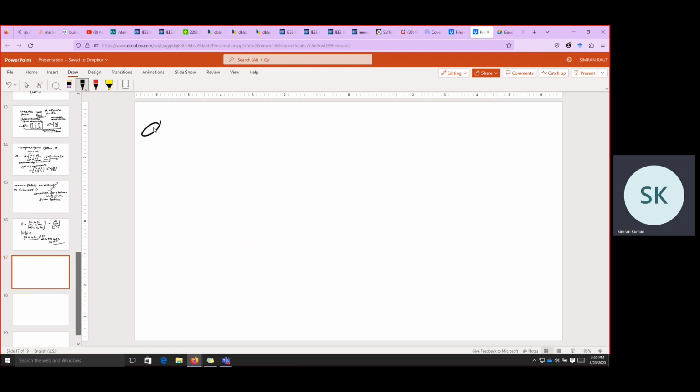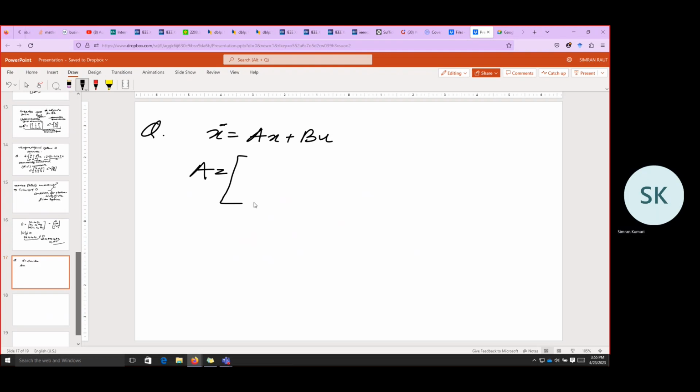So we have this question. We have the system x dot equal to Ax plus Bu, and A is [1, -2, 0; 0, 1, 2; 1, 0, 1], and B is [1; 0; 1].